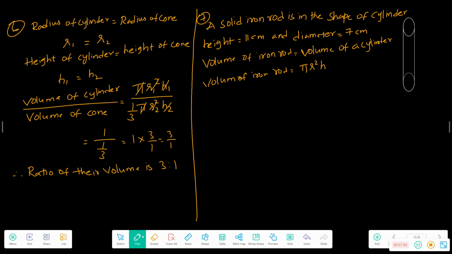Here the diameter we know, and h we know, so the r value will become d by 2, that is 7 by 2 centimeter.